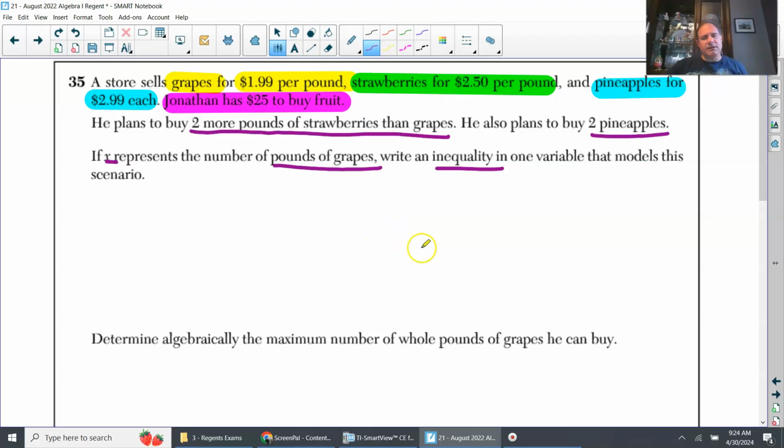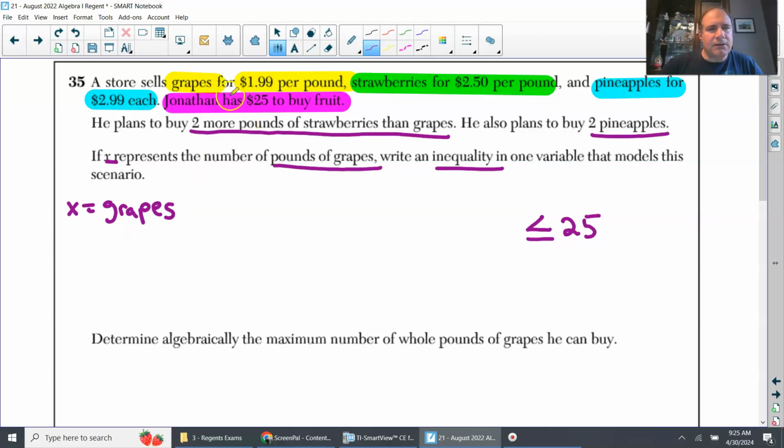So first off, I'm just going to put down the easiest thing for me, that he has $25 to buy fruit. You cannot go over that, so it's less than or equal to. So I'm just going to put down X equals, X represents grapes.